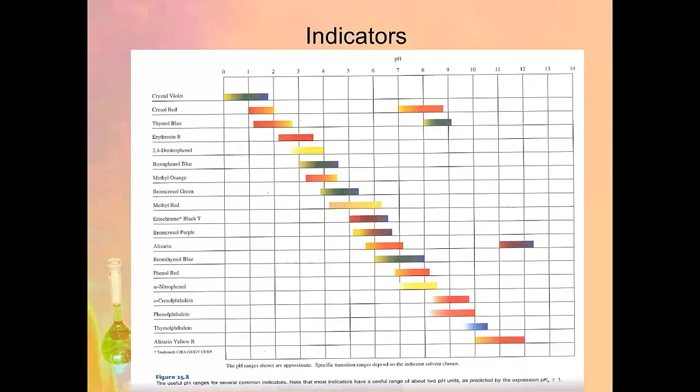Now, how do we find the endpoint? We could use a pH probe and just see when we reach pH 7, or we could use a coloured indicator. We can actually add a chemical to our mix that's going to change colour when we reach a certain pH.